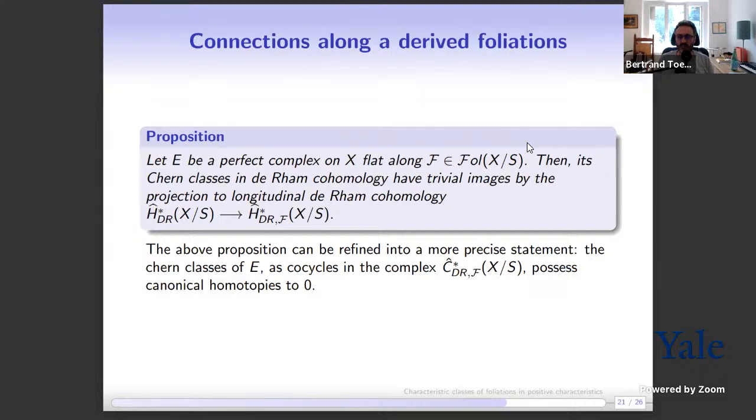It's stronger than just being 0 in cohomology. The choice of a connection on E along F gives you a choice of homotopies from the Chern classes to 0. That's again a generalization of something very well known: if you have a partial connection, the Chern classes in longitudinal de Rham cohomology are zero, which you can check by Chern-Weil theory, for instance.